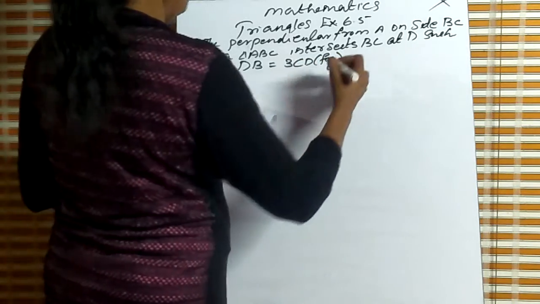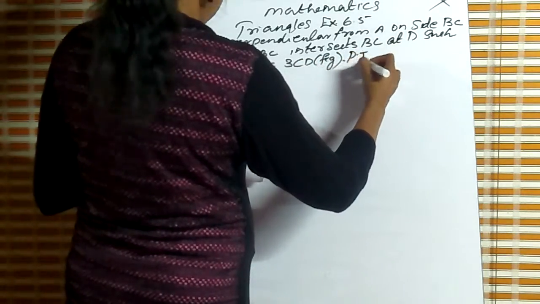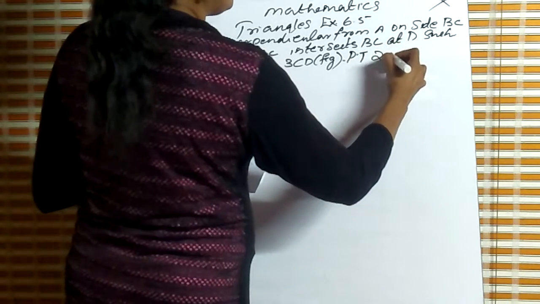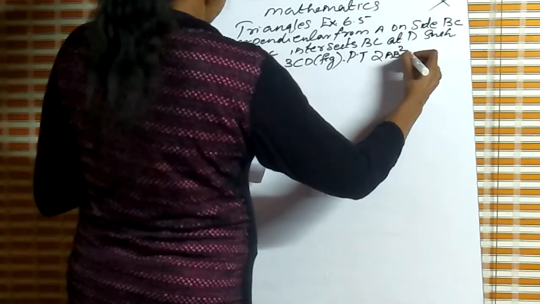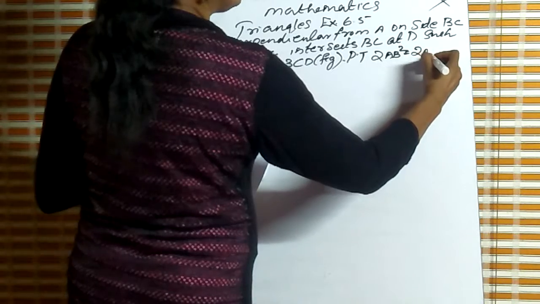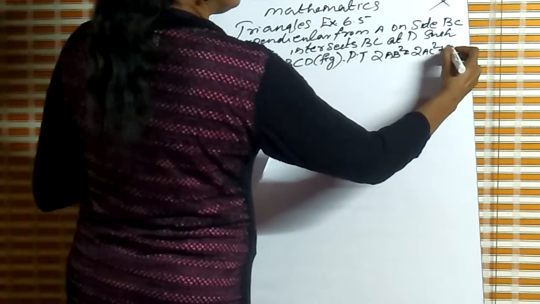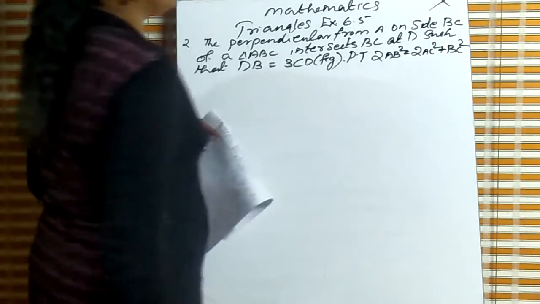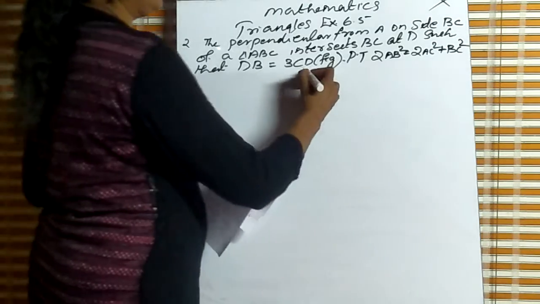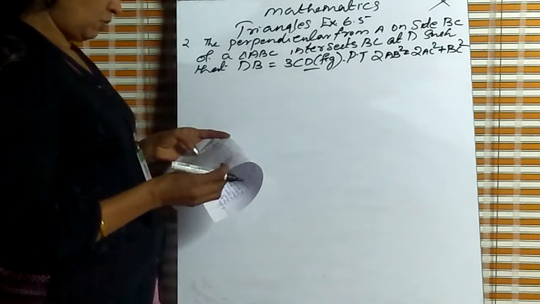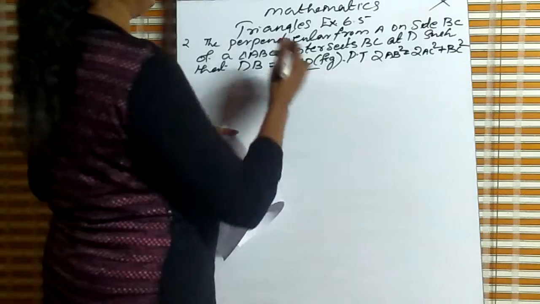Figure is given. Prove that 2AB square is equal to 2AC square plus BC square.